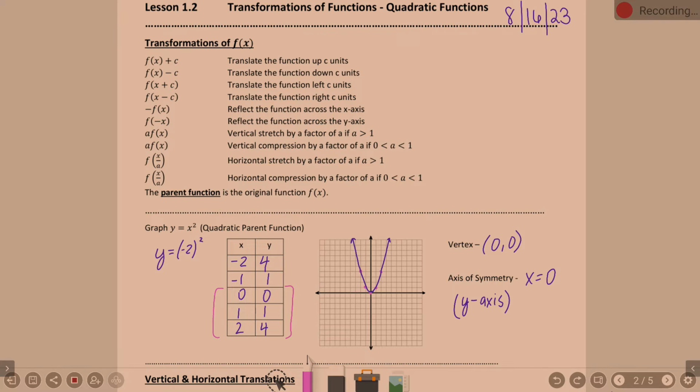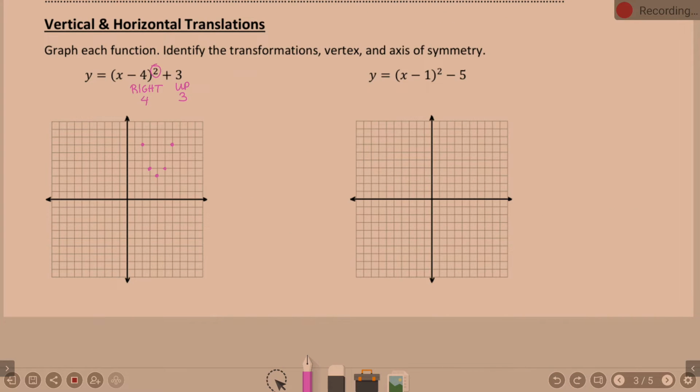But as long as this is just a 1x squared here, like there's nothing in front of there other than a 1, we can always just use that 0, 0, 1, 1, 2, 4. So right now we're just finding the new vertex and then we're doing the original points, kind of, yes. Okay? And again, this is only because I haven't introduced any stretch or compression yet this morning, have I?